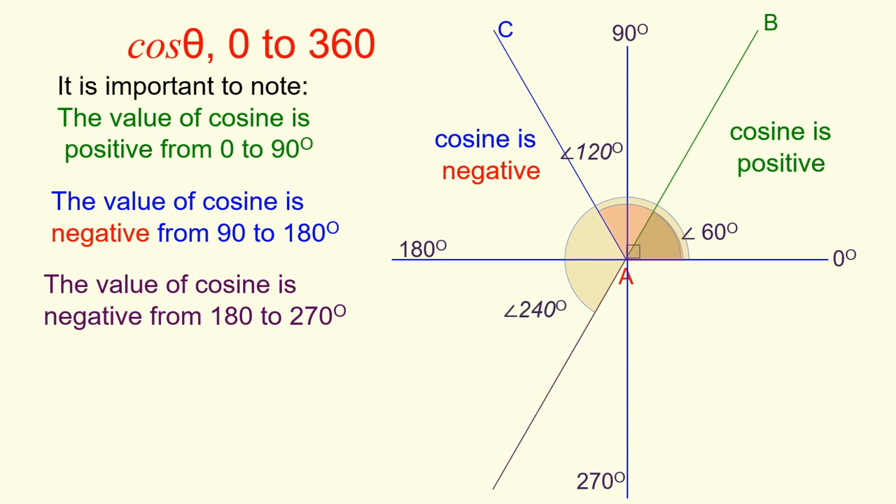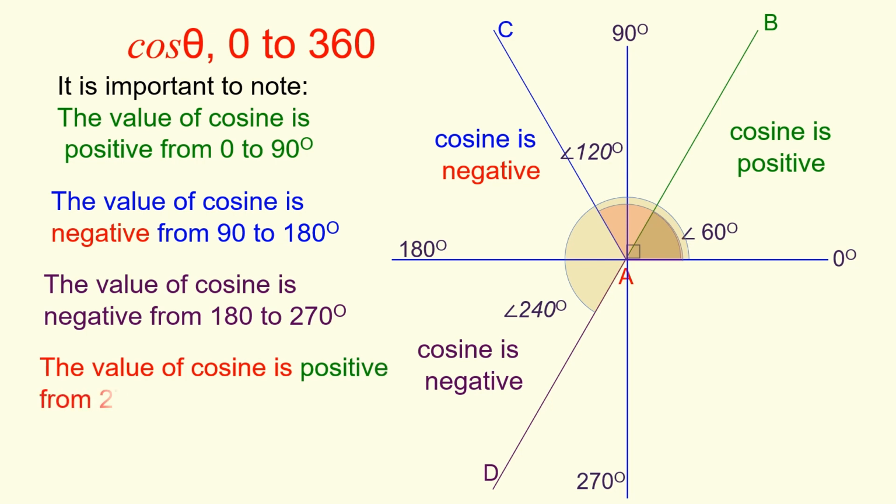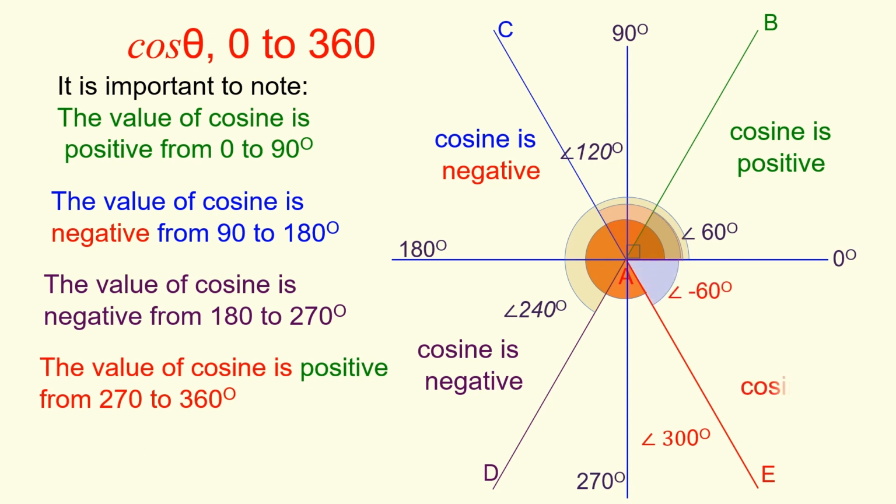Cos theta, 0 to 360. It is important to note, the value of cosine is positive from 0 to 90. The value of cosine is negative from 90 to 180. The value of cosine is negative from 180 to 270. The value of cosine is positive from 270 to 360.